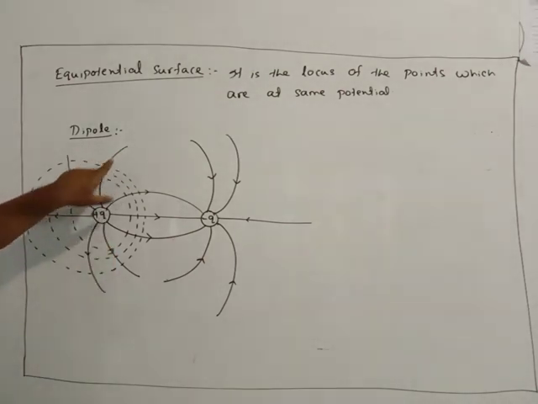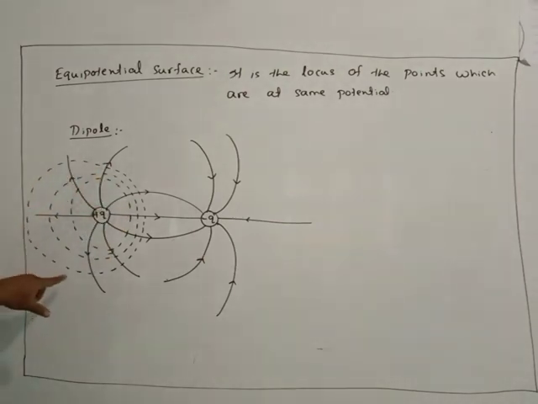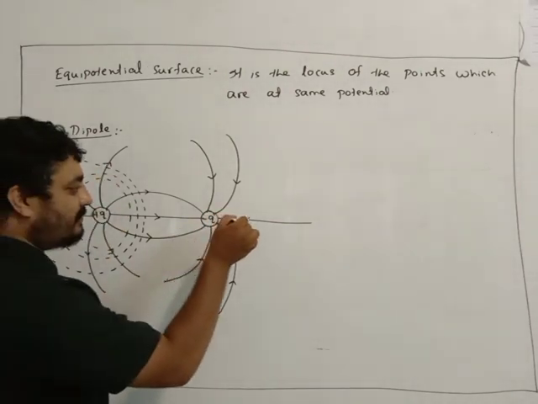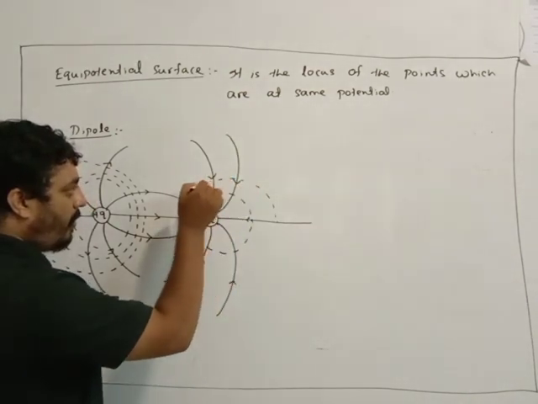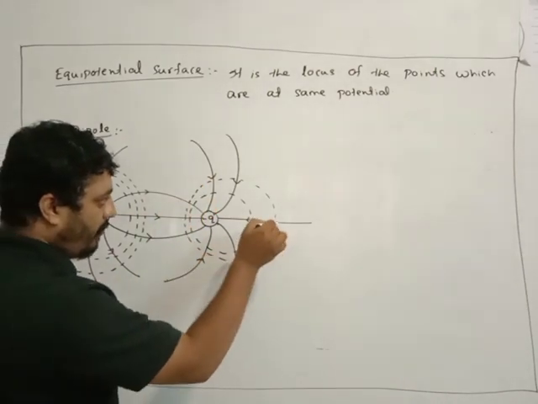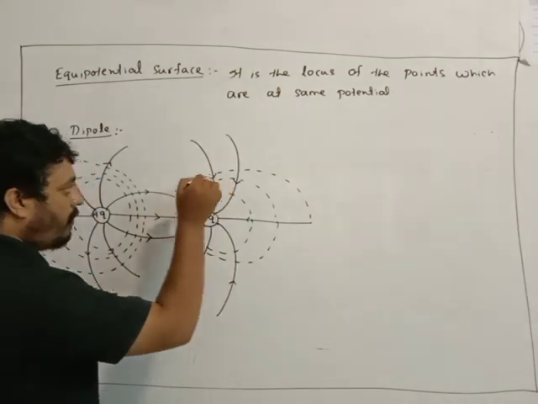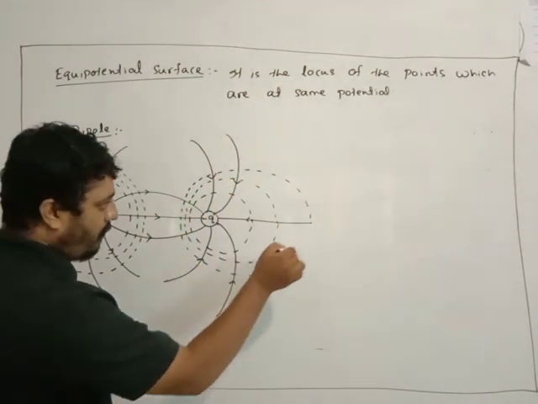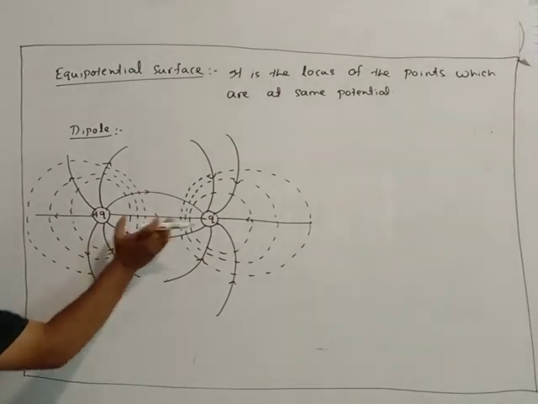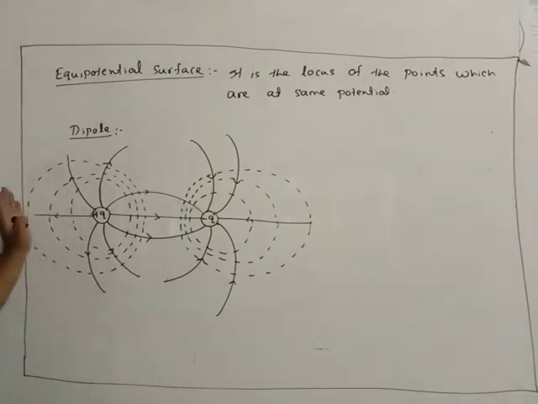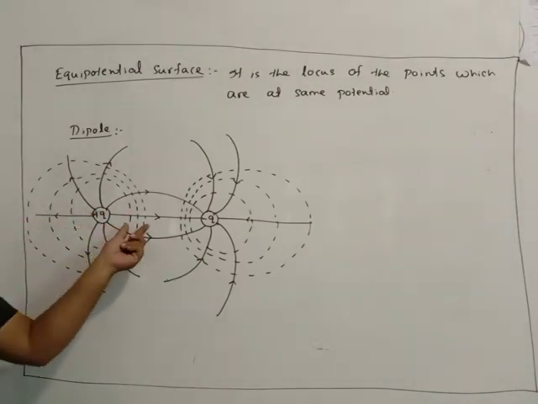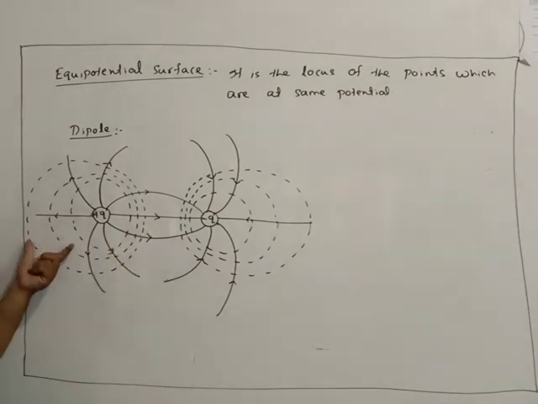The bold lines represent the electric field lines, the dotted lines represent the equipotential surfaces. Just observe one thing, between the charges the equipotential surfaces are close to each other, and outside the charges the equipotential surfaces are separated apart. So here the equipotential surfaces are closed, here they are separated.